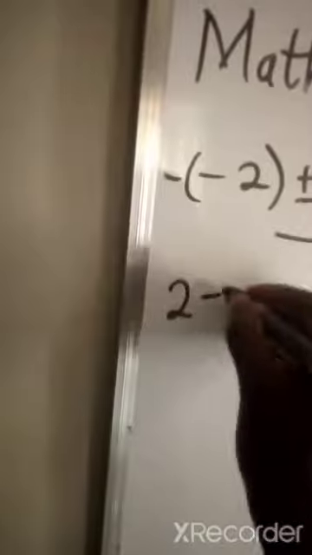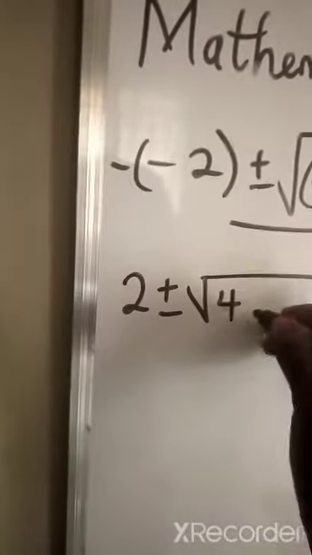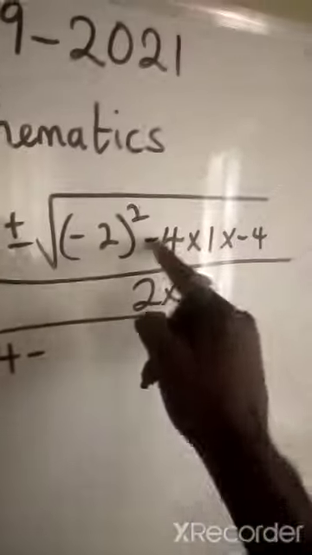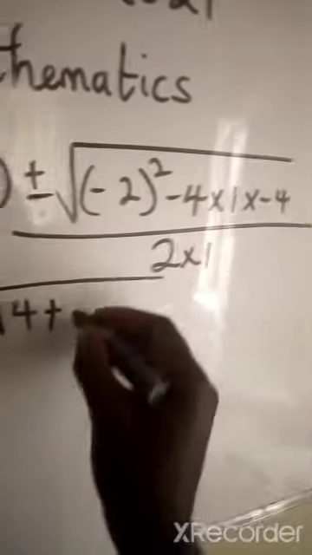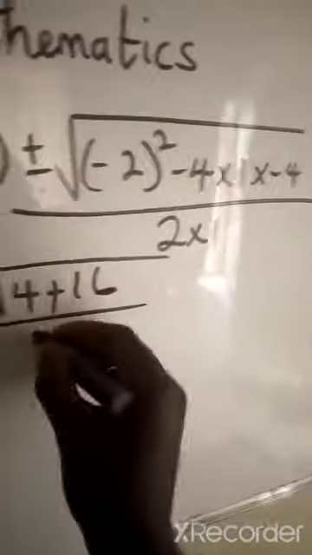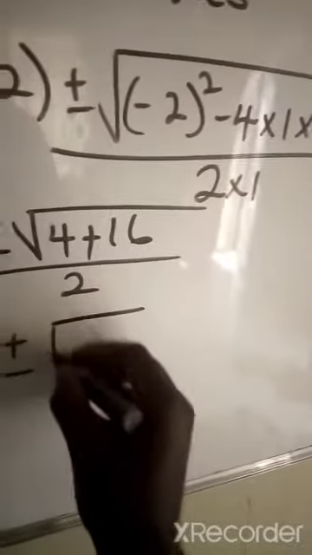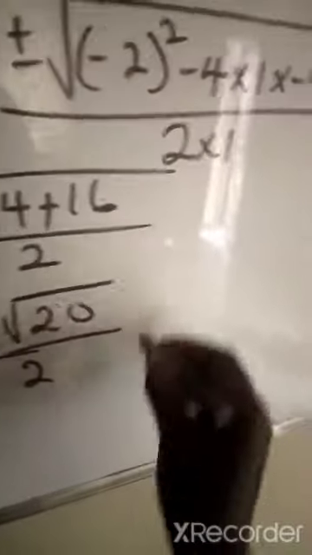Now, minus times minus will give us 2 plus or minus 2 squared will give us 4. Then minus times minus here will give us plus. 4 times 1, 4 times 4 will give us 16 all over 2. So this will give us 2 plus or minus root 20 all over 2.